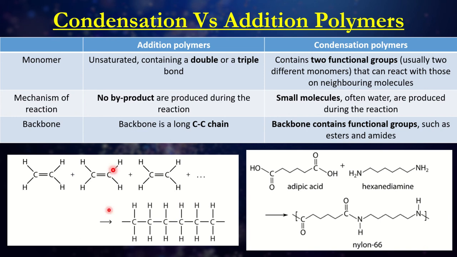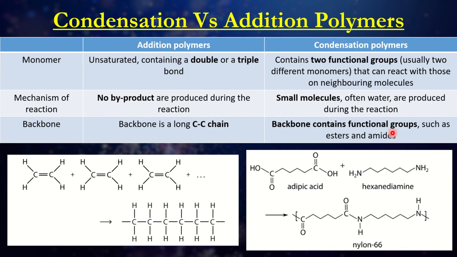If we want to compare the difference between condensation and addition, it's quite simple. Addition polymers form when monomers with an unsaturated double or triple bond come together. Condensation depends on the functional group. Usually it's two different ones, but they must be able to release a small molecule, usually water.